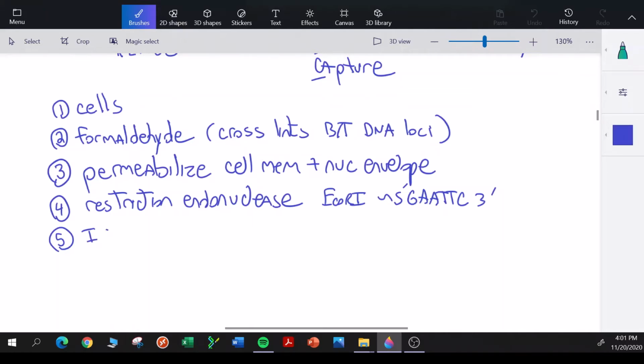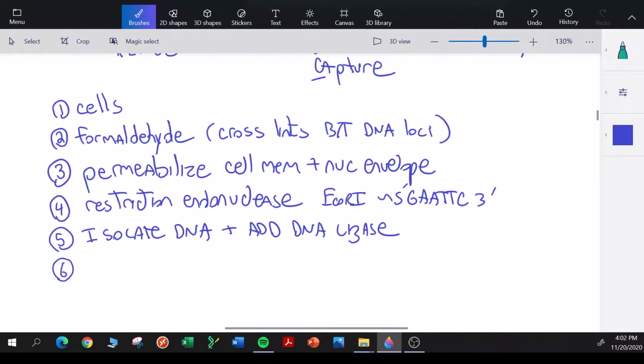Then we are going to isolate the DNA and add DNA ligase, and that's going to join some of the fragments together. It seems kind of funny how we're digesting the DNA and then isolating the DNA and adding ligase. But I'm going to show you how that can allow us to detect interactions between distant loci.